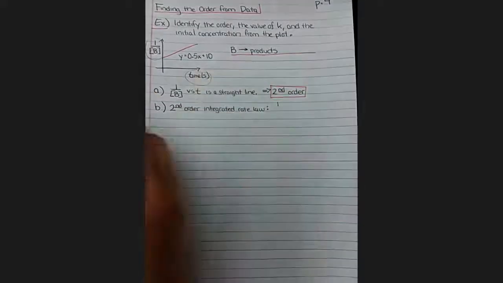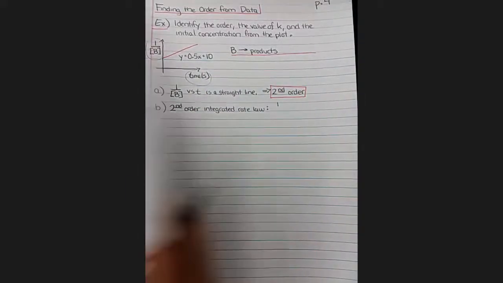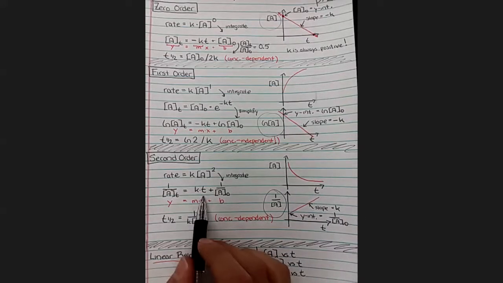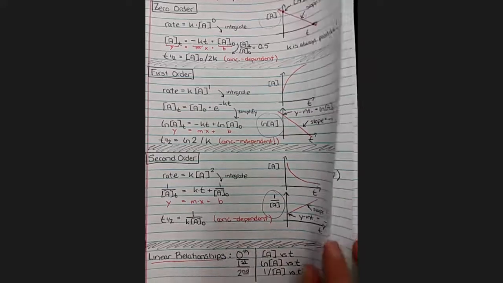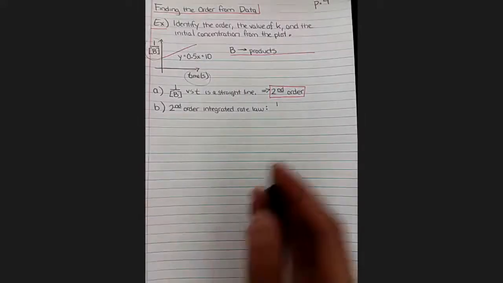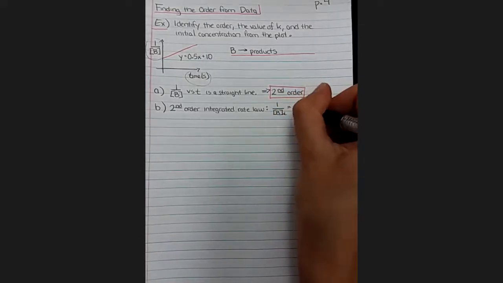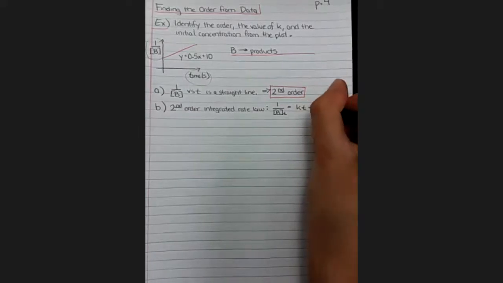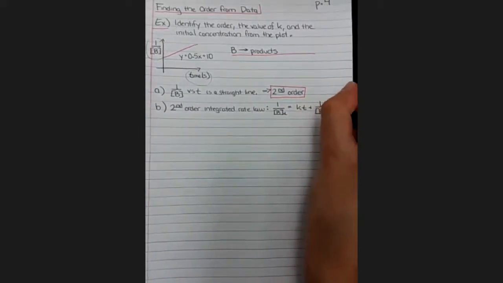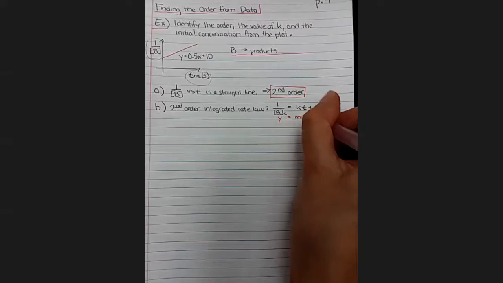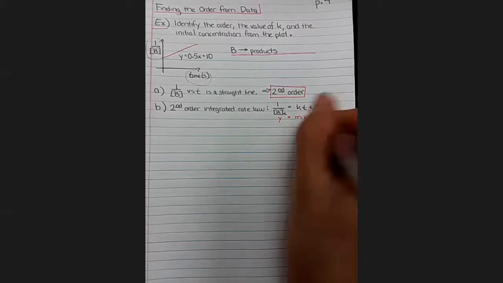So the 2nd order integrated rate law we can get from our reference table here: 1 over concentration equals kt plus 1 over initial concentration. So 1 over concentration at time t equals k times t plus 1 over initial concentration. And that's related to the equation for the line, like y equals mx plus b.